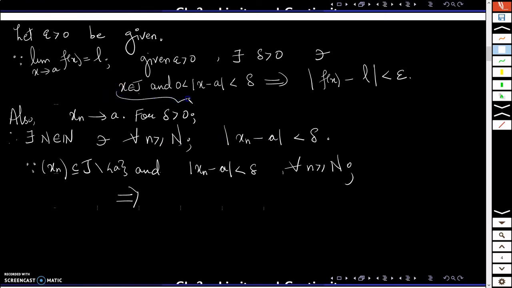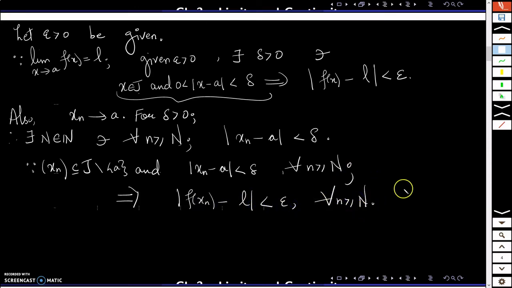That means this implies this, so this will imply |f(xn) − L| will be less than epsilon for all n greater than or equal to this capital N. Okay, so this is coming by star, and I will name this statement as star.